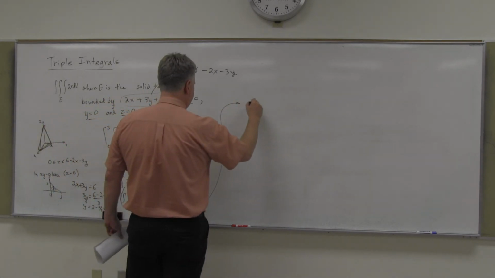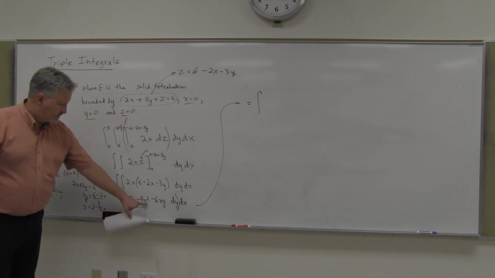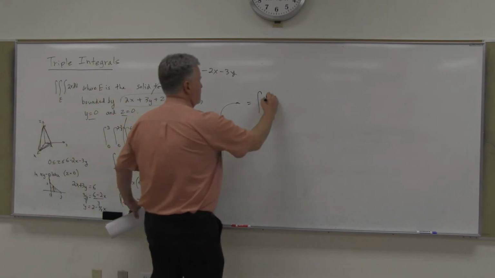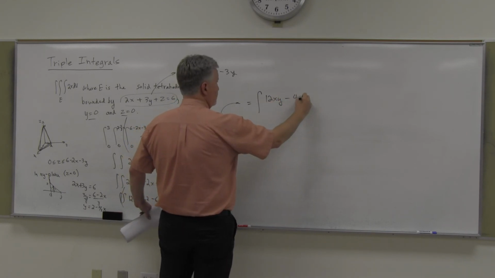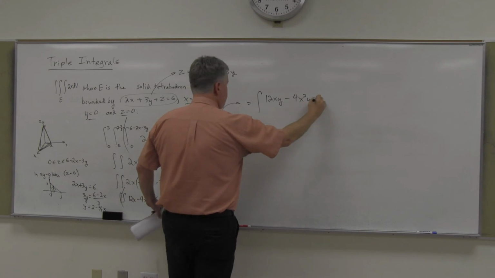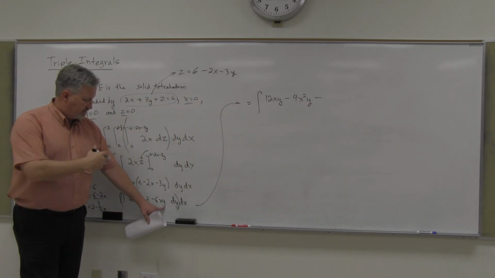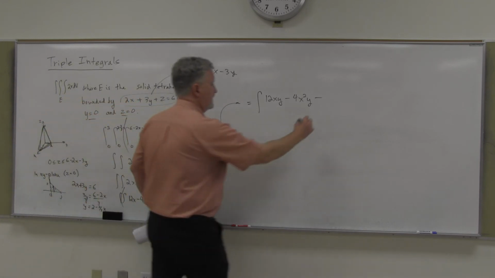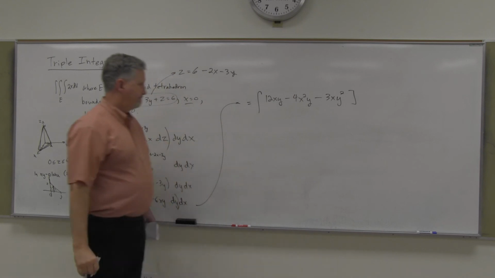That's not too bad. The x's are constant, so that'll just be 12xy minus 4x squared y minus, all right, this one's got a y, so it'll be a half of y squared, but the half times the 6 will give me 3xy squared. That sound right? Believe that?